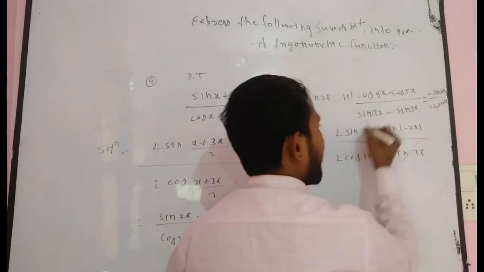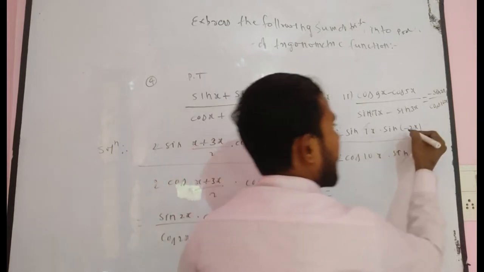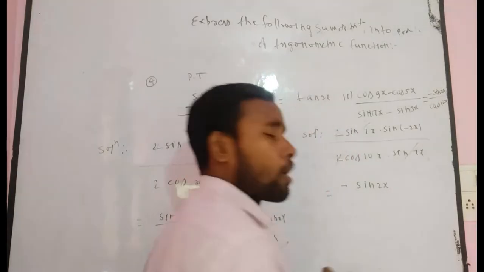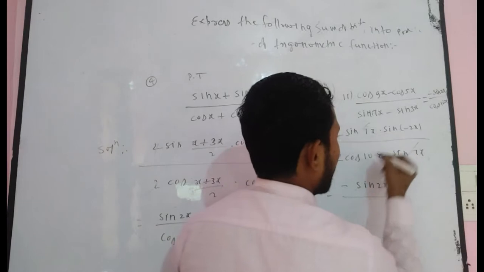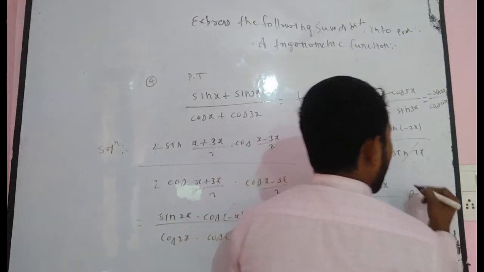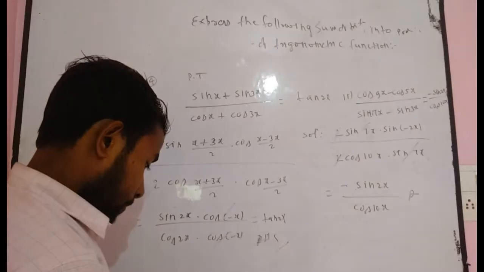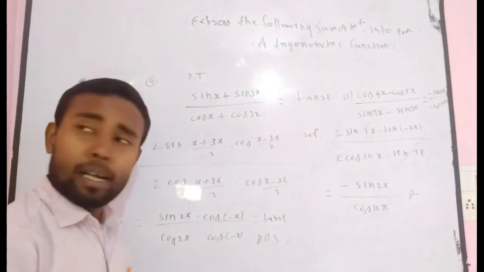After it, sin 7x and sin 7x cancel, and 2 and 2 cancel, finally you get sin minus 2x, which will be minus sin 2x, because you know sin minus theta is equal to minus sin theta. After it, in the denominator you get cos 10x. That will be proved. Now we take the next examples.